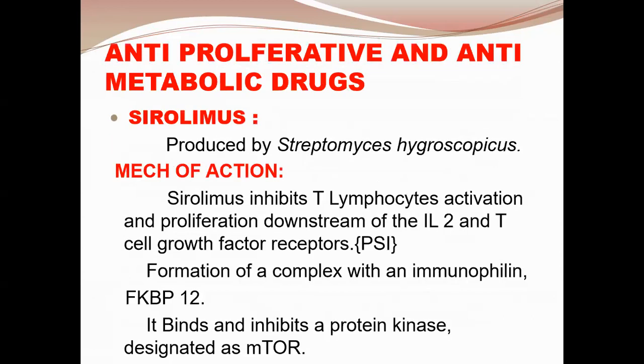When you talk about the anti-proliferative and anti-metabolic drugs, they include sirolimus. Sirolimus is mainly produced by Streptomyces hygroscopicus. The mechanism of action of sirolimus is that it acts by inhibiting T lymphocyte activation and proliferation downstream of the interleukin 2 and T cell growth factor receptors.